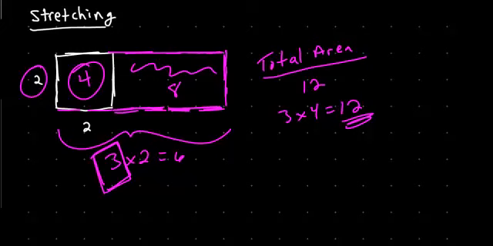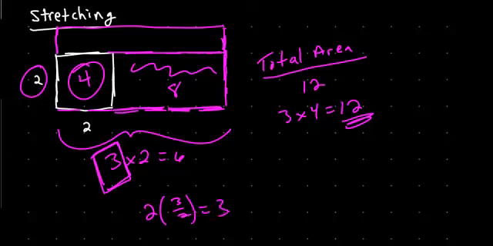What if I'd moved this up? If I added an additional 1 to 2, what would I multiply 2 by to get 3? 2 times what? 3/2 equals 3.